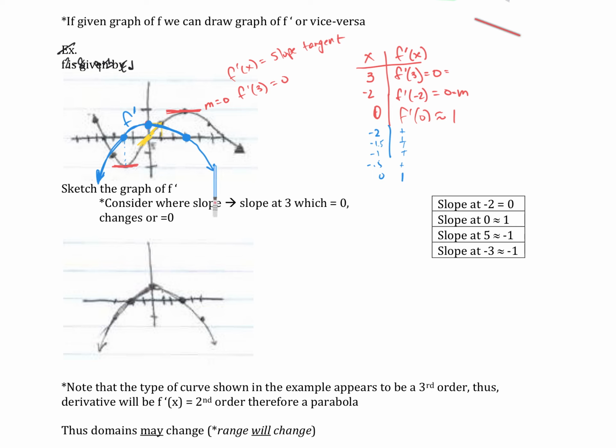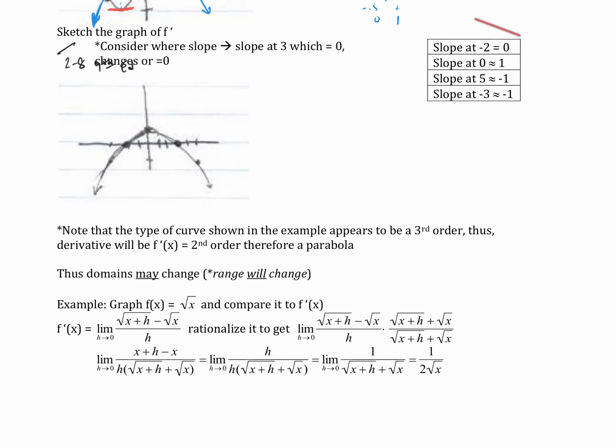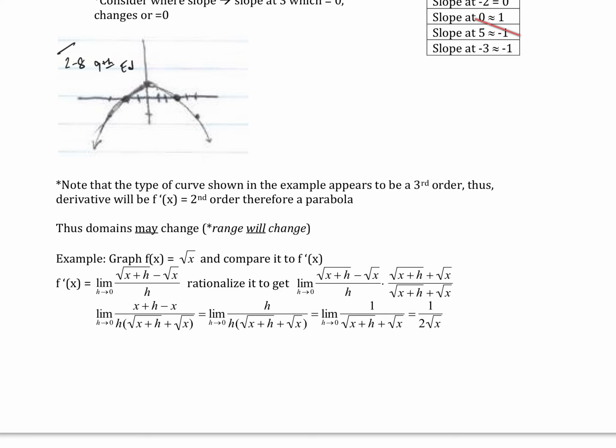This will be a negative, pointing down. All right, so that part didn't change. So if you have a fourth order, the derivative would be a third order, and so on. A second order, if you have a parabola, the derivative would be a straight line. So that's something to note. And then the domain may change, you don't know, but the range will most likely change.